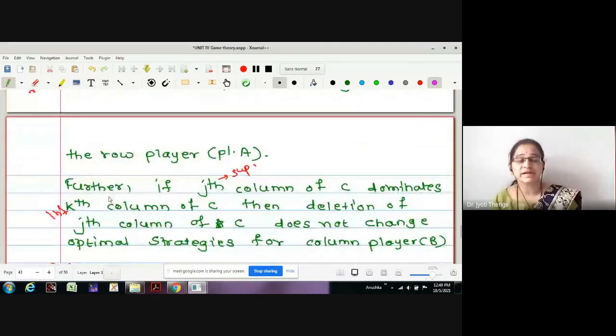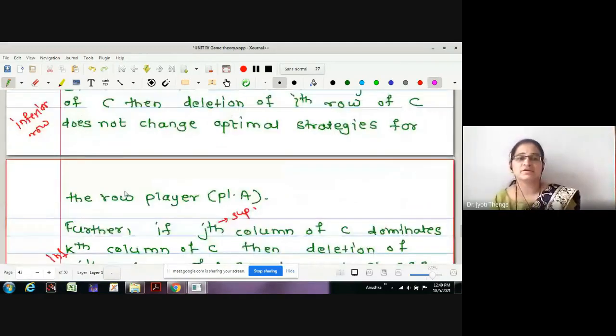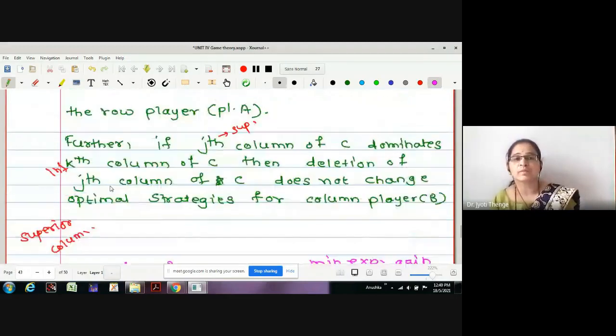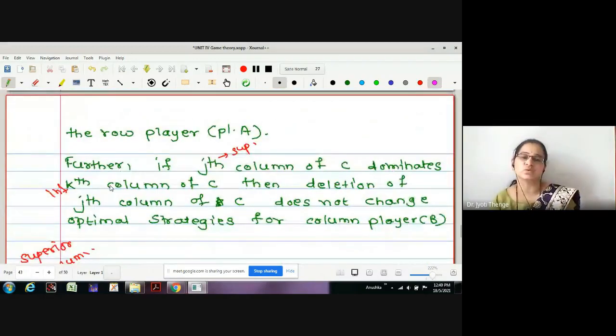What we were discussing is that we delete the inferior row and we delete the superior column. Deleting means we just substitute the corresponding probability value to be 0.